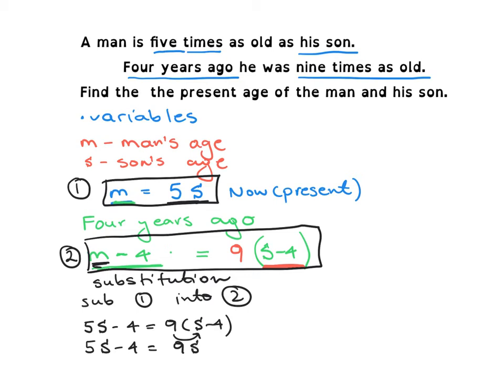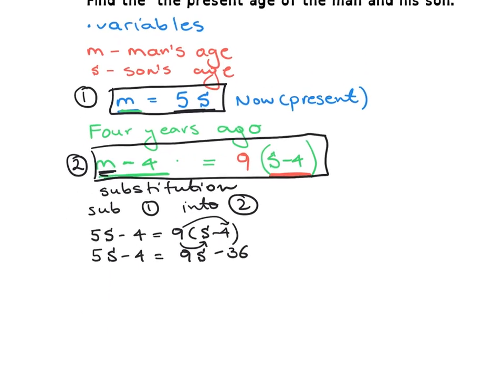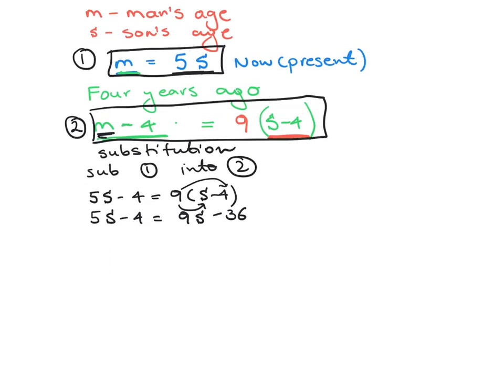9 times negative 4 is negative 36. And the next step is collecting like terms, which in this case means putting all the S's on one side and the constants on the other side.